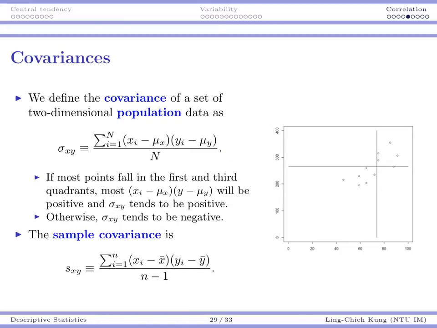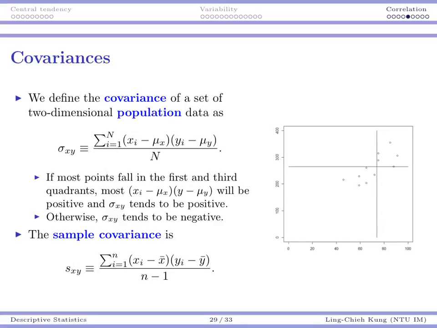So if most of the data points are here or here, then we would have a large summation, because most numbers are positive. If most data points are here or here, then we would have a negative summation. Then we say, well, we have a negative relationship, okay?